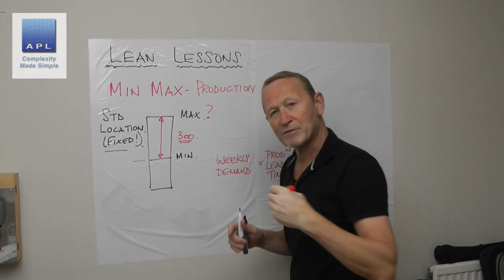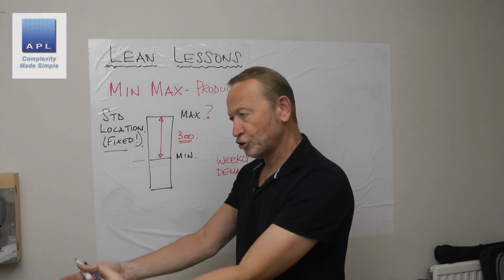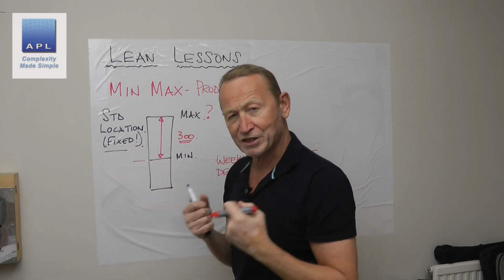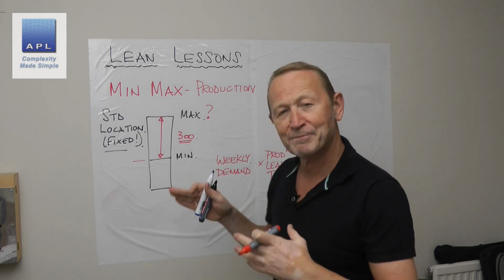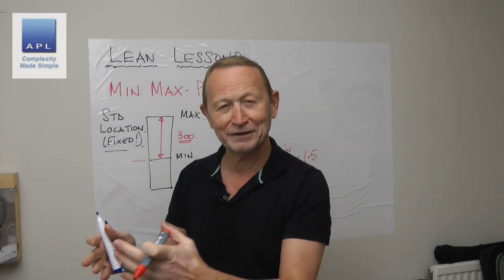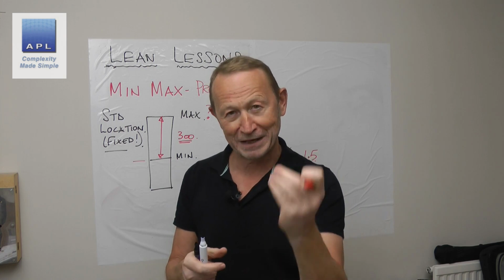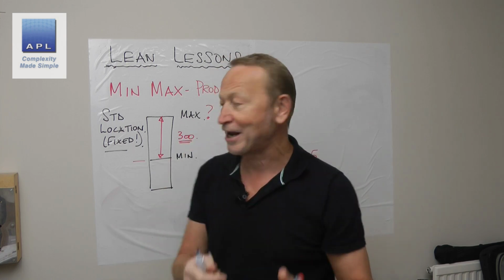So think about this. The production department is happy. The customer has always got raw material to service the order. So production are happy, the customer's happy. This is the beauty of the min-max system and standard work.